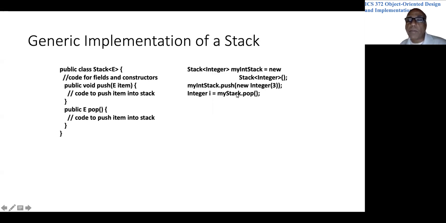So when we pop, we know that it is going to be an integer. No casting is needed, which is a huge advantage. We don't have to worry about what the return type is going to be. It is going to be integer because this is E, right? And E is integer. So it is a big advantage to writing correct code. It is a big help in writing correct code.